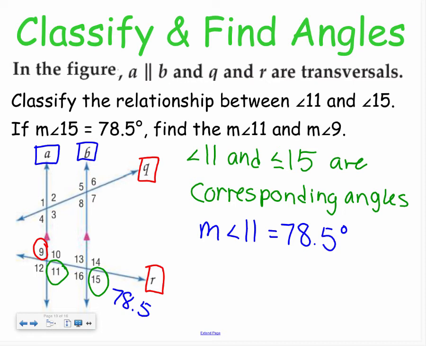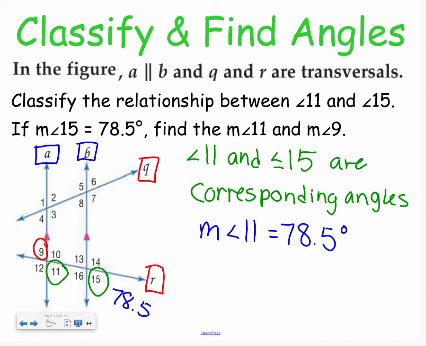Now we have to mentally check how angle 9 is related to angle 11. This goes way back to the beginning of the lesson, and those two are related by vertical angles. They stack up across from each other. So vertical angles for 9 and 11. The other thing that you could have used is the idea of alternate exterior angles.